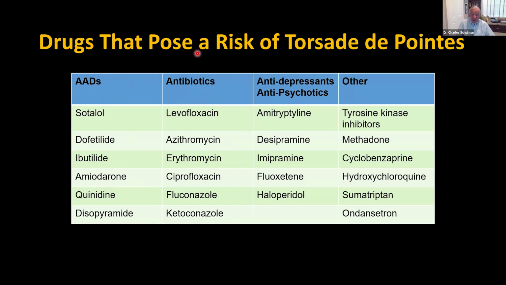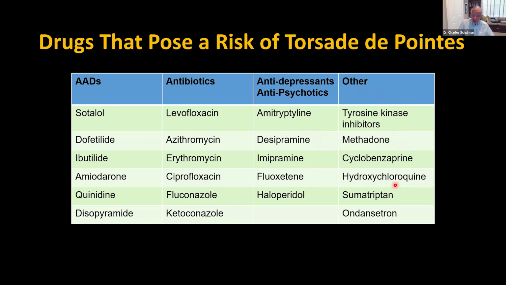The ones that I emphasize though are antibiotics, levofloxacin, azithromycin, a commonly used drug, ciprofloxacin, commonly used drug, antidepressants or antipsychotics like amitriptyline, and then other drugs, tyrosine kinase inhibitors, which are cancer drugs, methadone, cyclobenzaprine, because it's similar to amitriptyline. If you're using this as a muscle relaxant, you might want to think about using a different one.